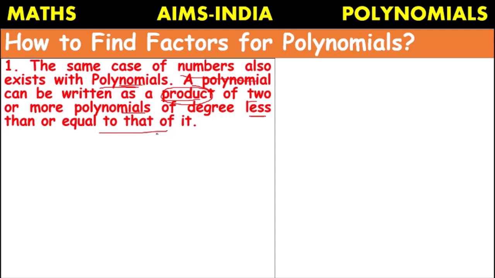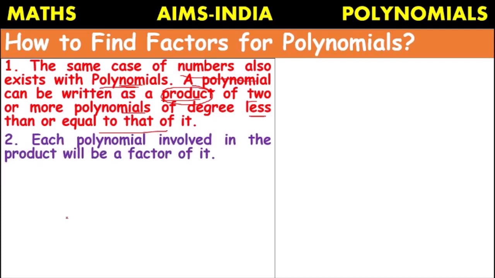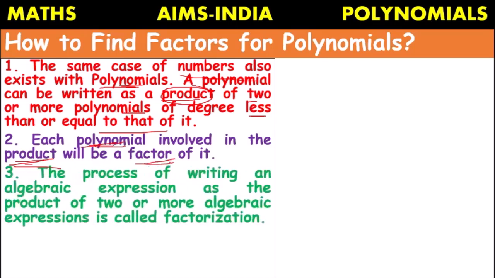If we write a polynomial as a product of polynomials, then each polynomial involved in the product is considered a factor of the given polynomial. The process of writing an algebraic expression as the product of two or more algebraic expressions is called factorization.